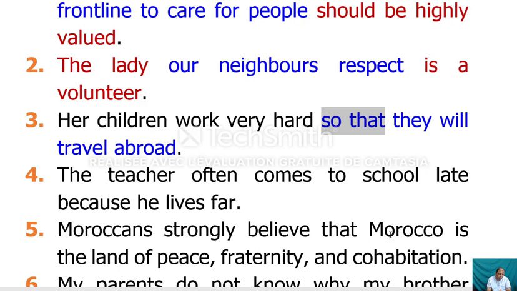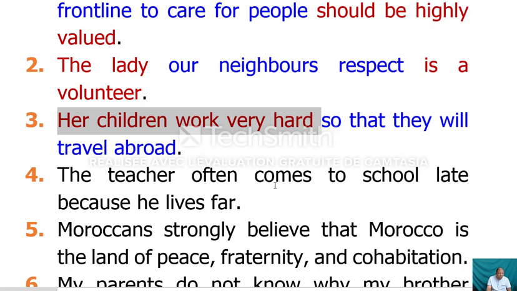This is the dependent clause. But the first part, which is her children work very hard, this is independent. And the meaning and the thought is complete. Her children work very hard. It doesn't need to be attached to another clause. Its meaning is complete.